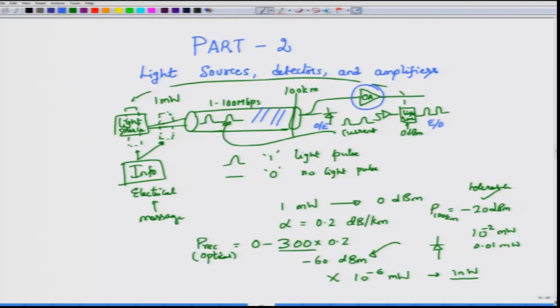So, before the advent of optical amplifiers, it was this method wherein at the end of one span you take the optical signal, convert that into electrical format, amplify it, reshape it, do all of that, and then convert from electrical to optical signal back.